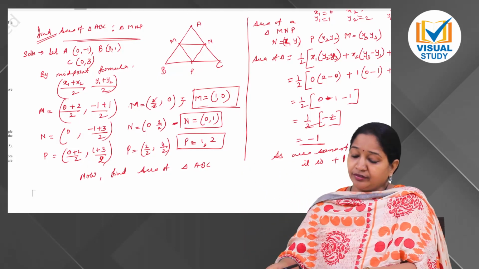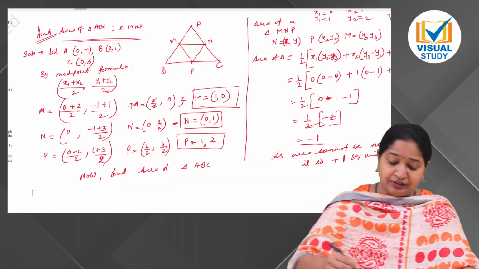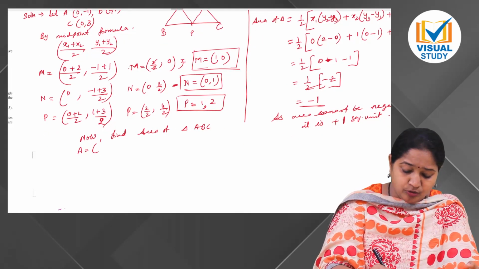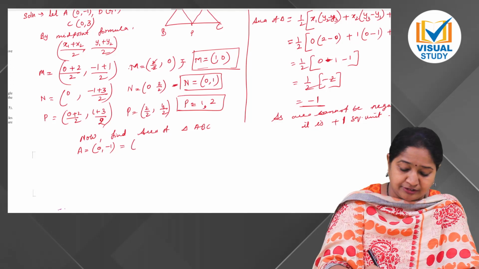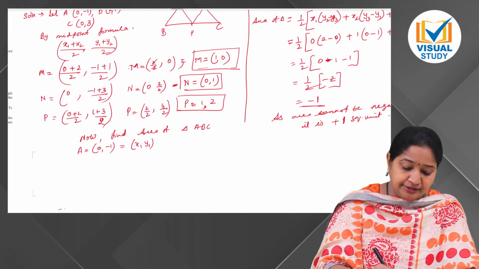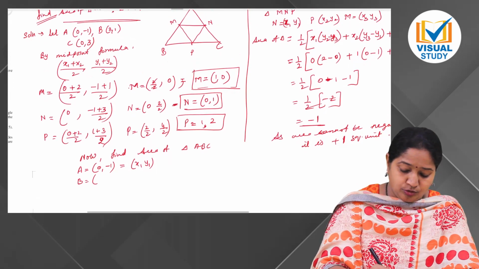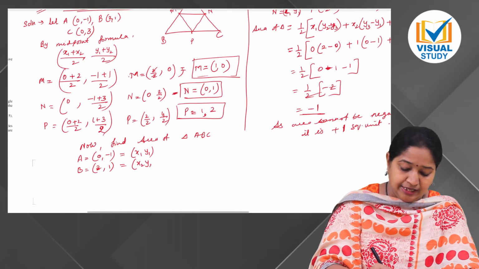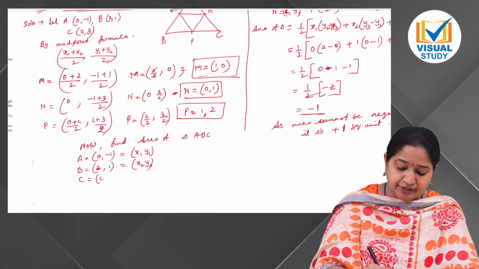So just put in the values and we will find it. Here also A is equal to (0, -1), that is x1, y1. B is equal to (2, 1), that is x2, y2. And C is equal to (0, 3), that is x3, y3.